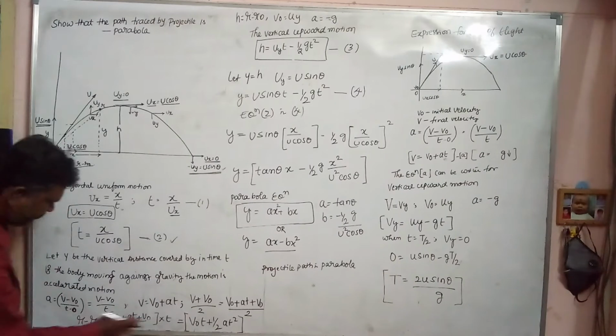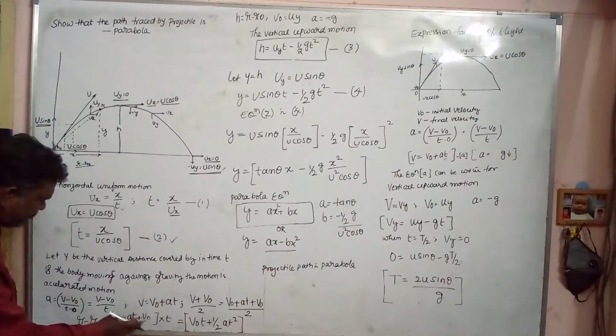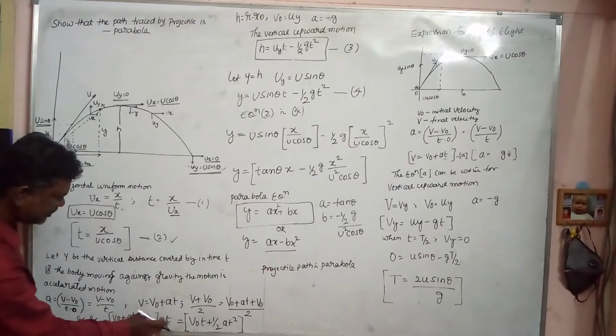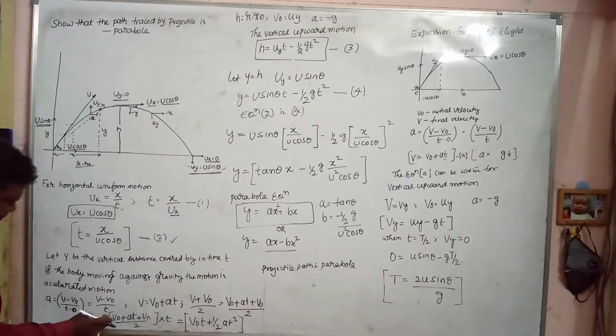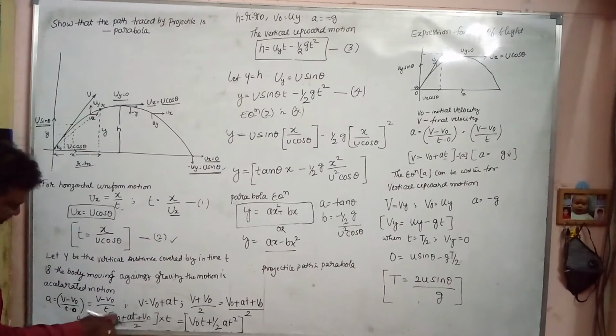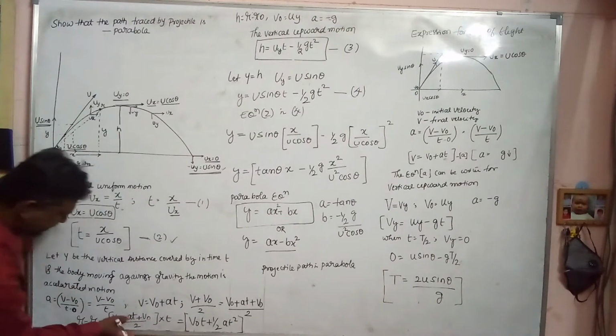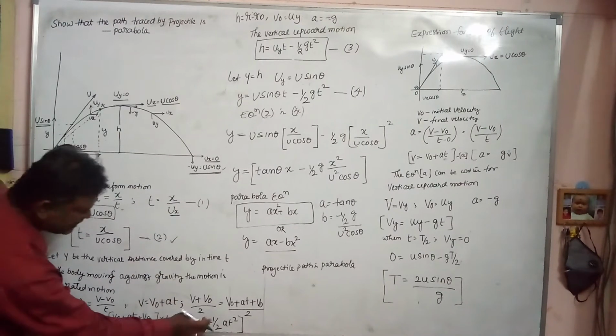See here, v naught t, at by 2, v naught into t. If you make it out like this, v naught into t plus at squared plus v naught t, so it becomes 2 v naught by 2. The 2 cancels, it remains only v naught into t, and here it is at by 2, that is half at squared.